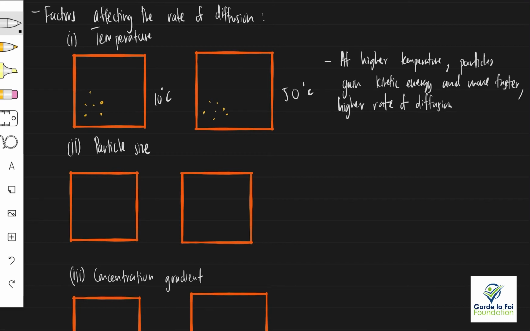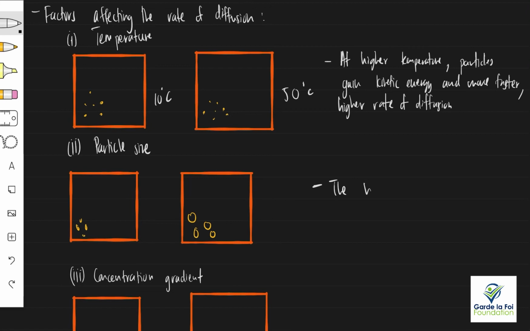The particles here will move even faster in the 50 degrees Celsius closed system. And then with particle size, we can have a system with small particle sizes and one with large particle sizes.